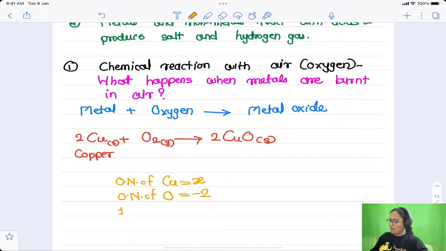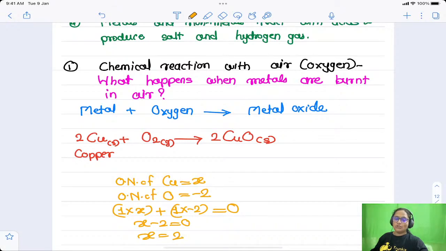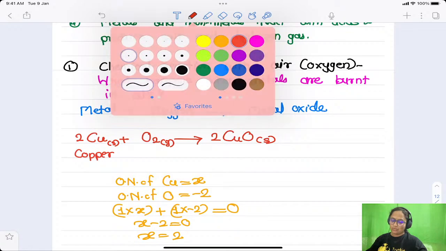Therefore, 1 into X plus 1 into -2 should equal 0. So X minus 2 is equal to 0, X will be equal to 2. That means the oxidation state of copper in CuO is +2.